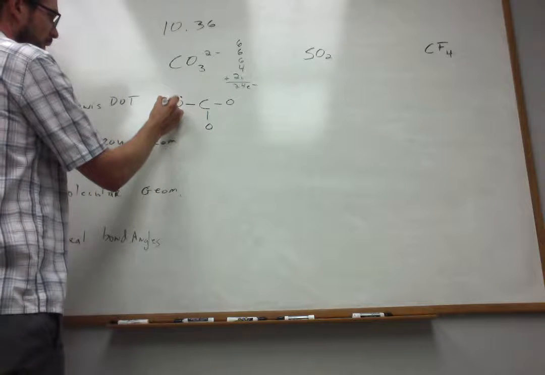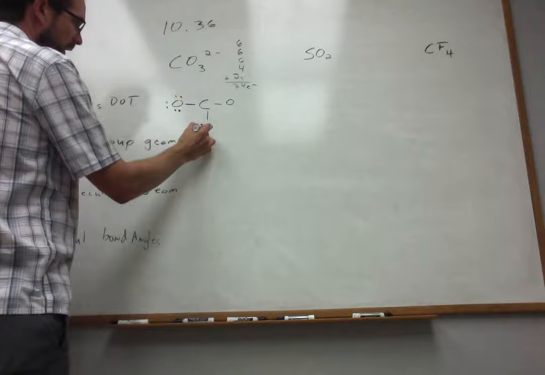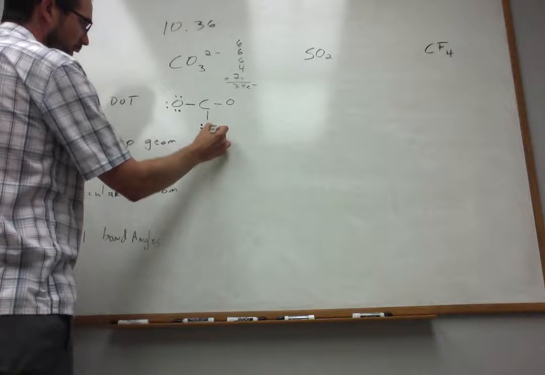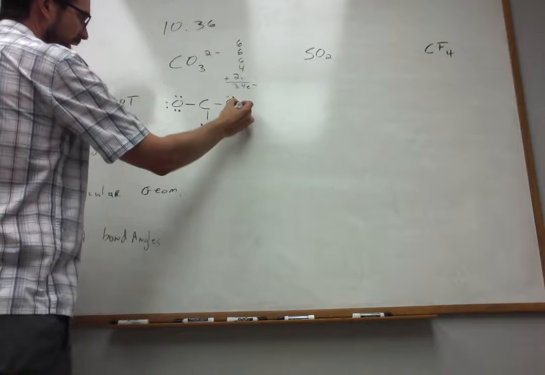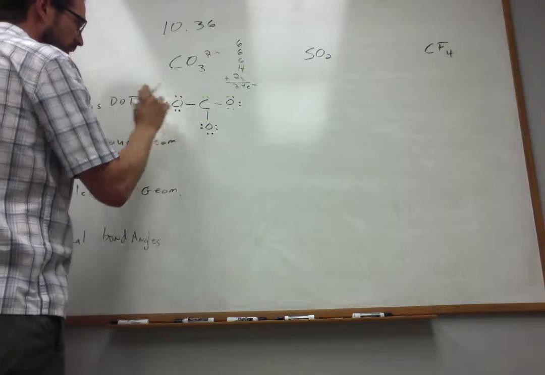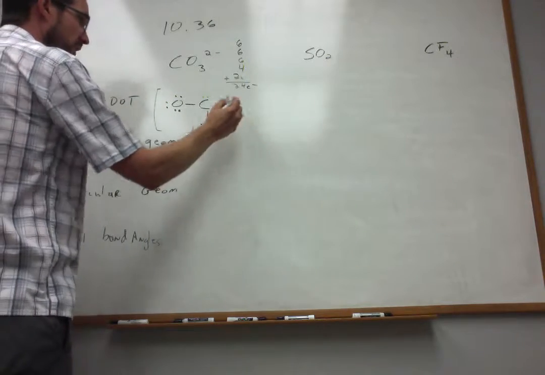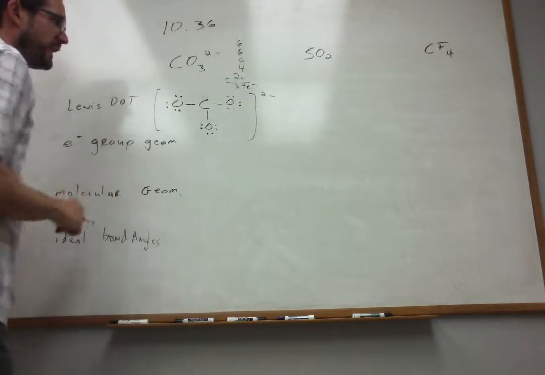So 1, 2, 3, 4, 5, 6, 7, 8, 9, 10, 11, 12, 13, 14, 15, 16, 17, 18, 19, 20, 22, 24, 26. So this structure, as I have it proposed right here, is not correct. And that's because it used 26 electrons. I only had 24.